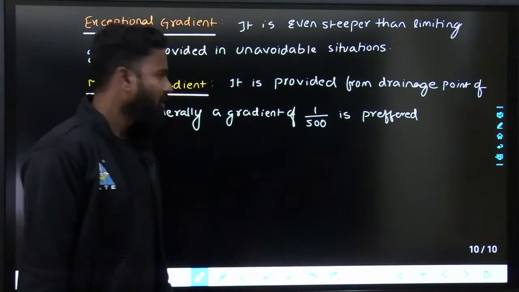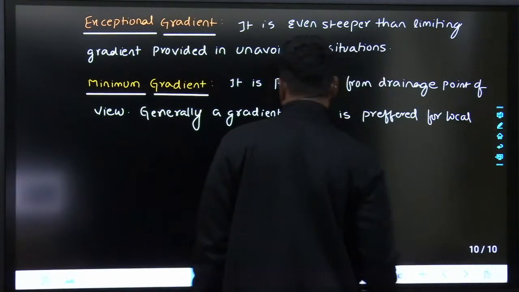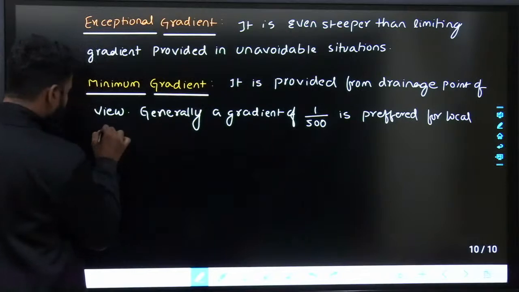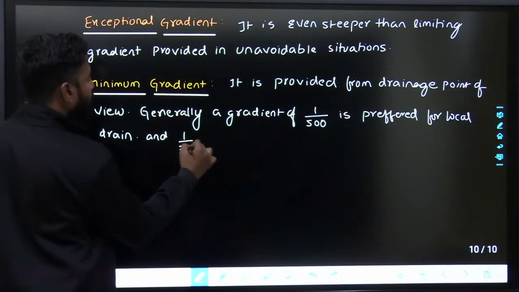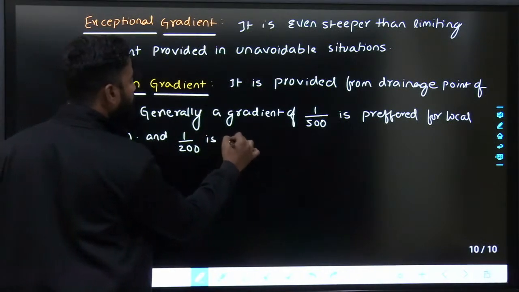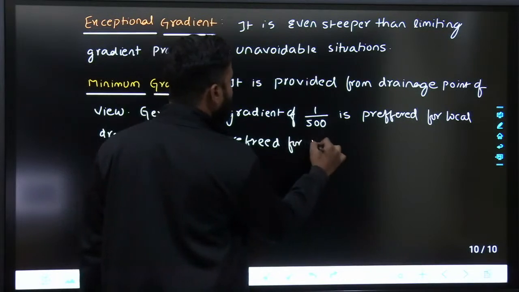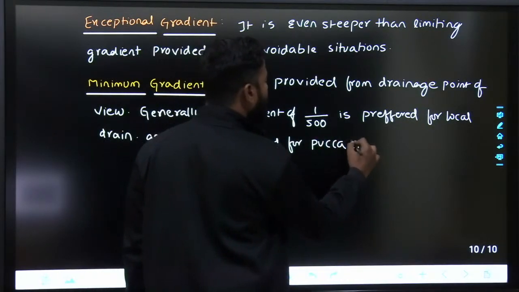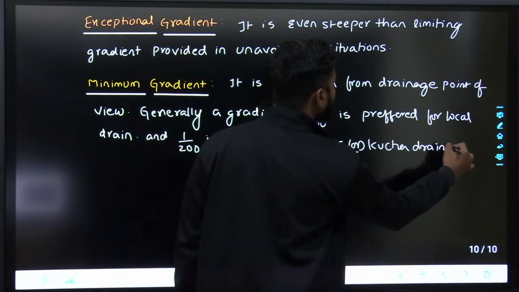for local drains, and 1 in 200 is preferred for pakka or kacha drains. Kacha drains means which is not of good locality.